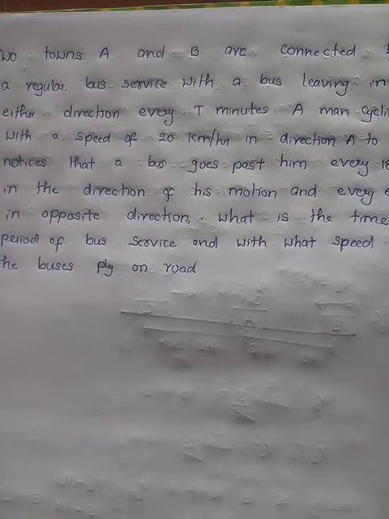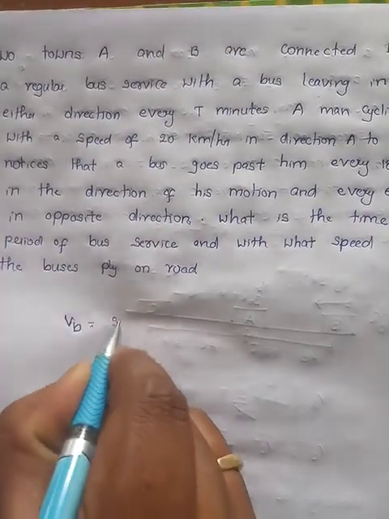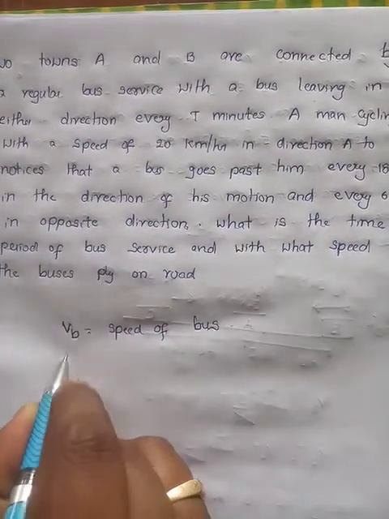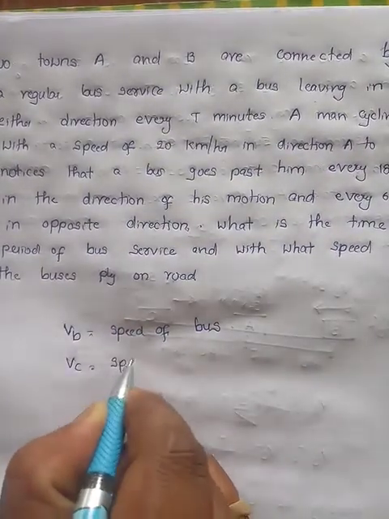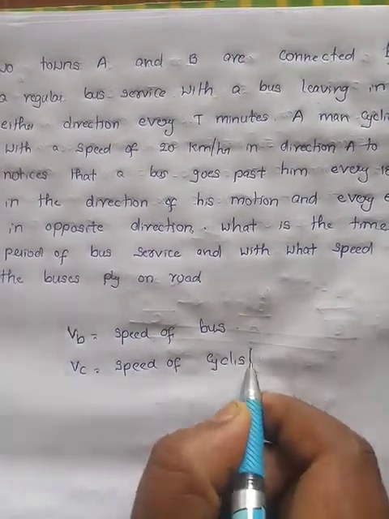So, let us consider VB equals the speed of the bus, and VC equals the speed of the cyclist.